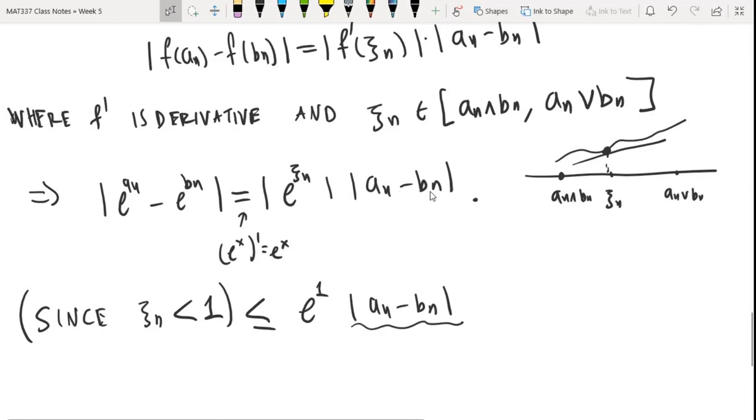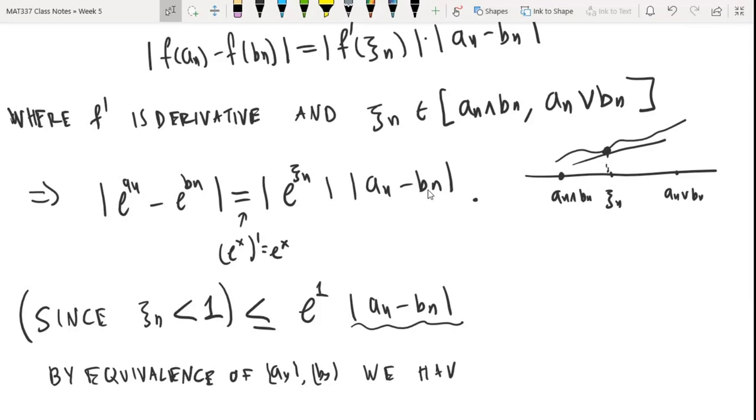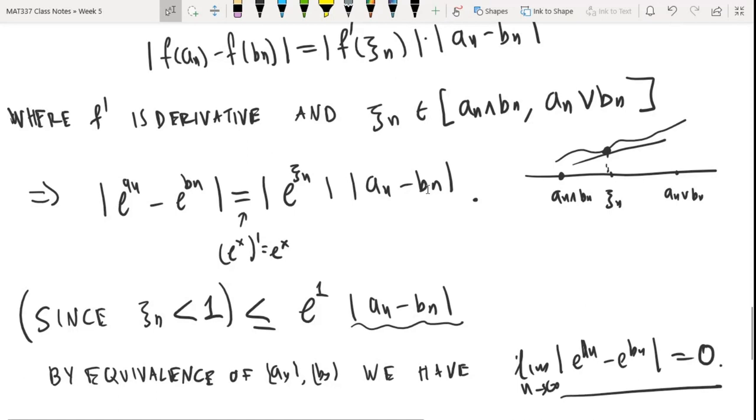So by equivalence of an and bn, we have that f of an minus f of bn goes to 0. Okay.